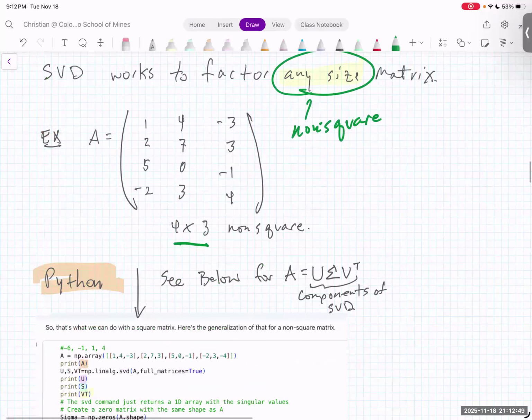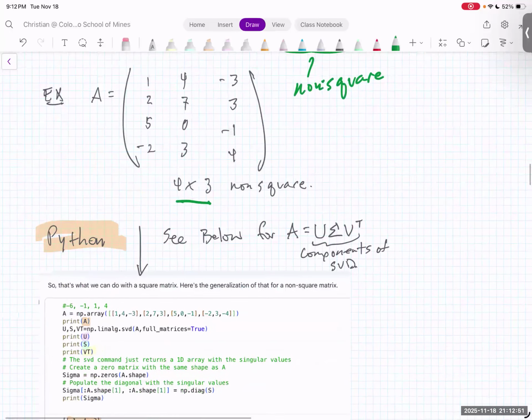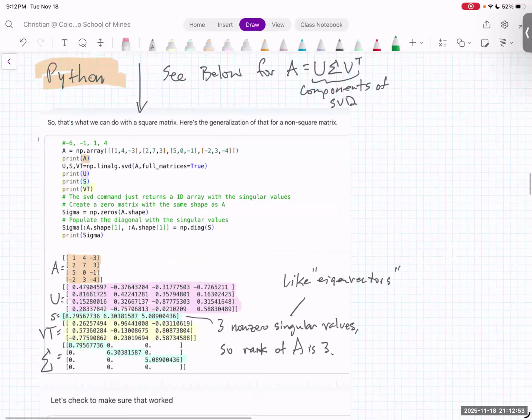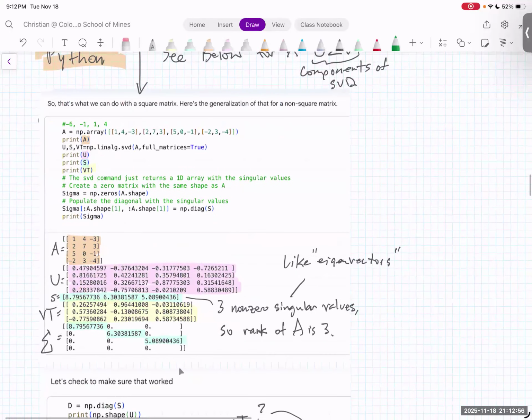All right, so there was our matrix A. We're going to store that into Python. So here's our array for matrix A. We're going to print A, it shows up down here. We're telling it to compute U, S, and V transpose. They're all down here. Here's U, here's S, V transpose.